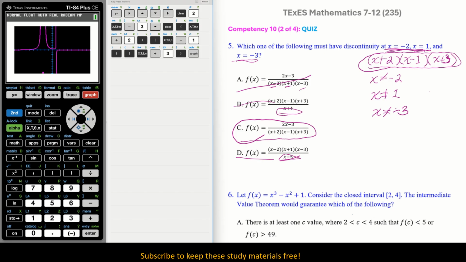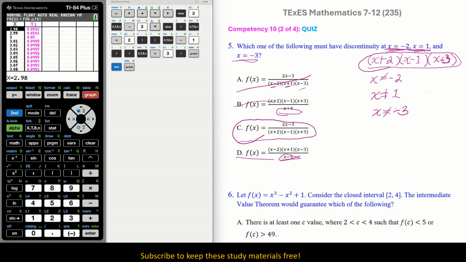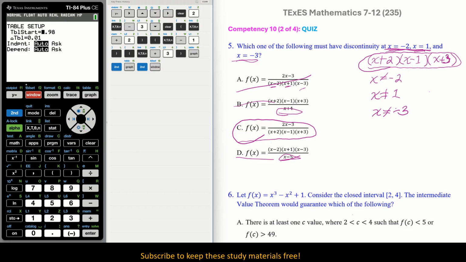So here's the best thing. The best thing to do is go to the table and take a look at the table. Oh, well, I need to change my table settings. So second window, and I will put everything back in whole numbers because our x's are given to us in whole numbers, and it looks like even though we're working with a rational, our x values are whole.